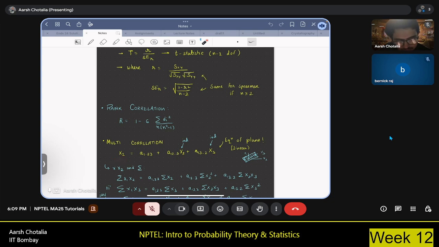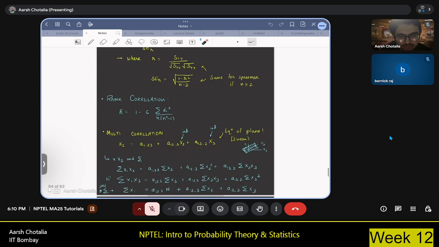And as you can see, if I keep this constant, then the change in x2 will induce change in x1 by a factor of this number, whatever number is sitting in front of it, which is why we use this notation, that change in 1 due to 2, keeping 3 constant. Okay. Similarly, change in 1 due to 3, keeping 2 constant. All right. So this is the model for multi-correlation, and the task is to find the A123, A2123, and A13.2.